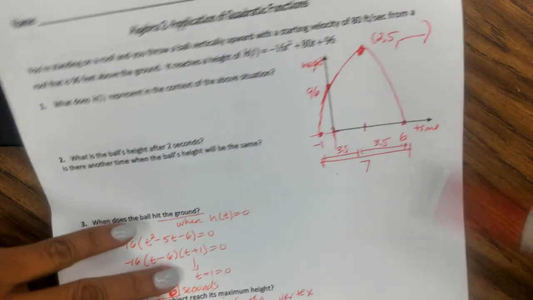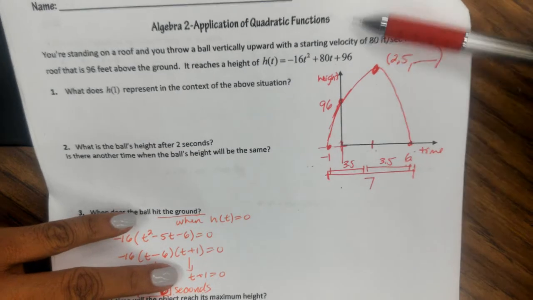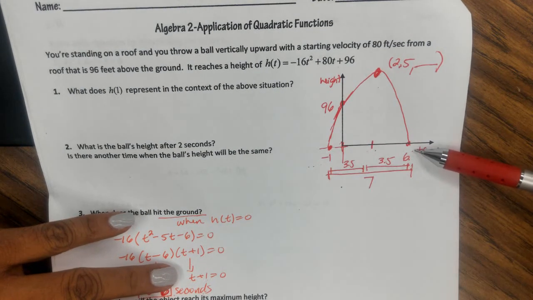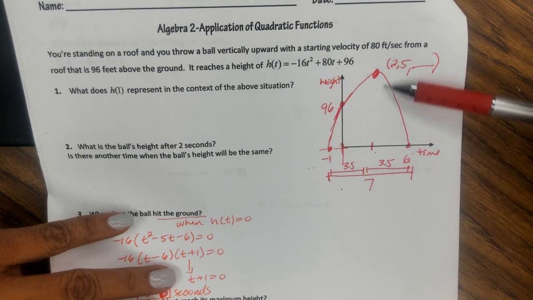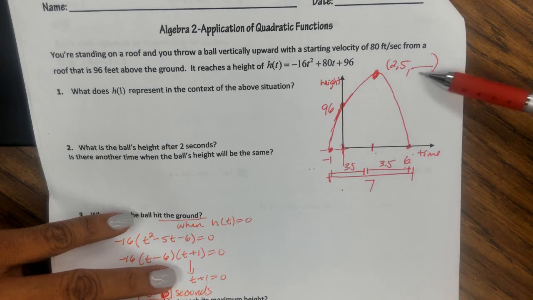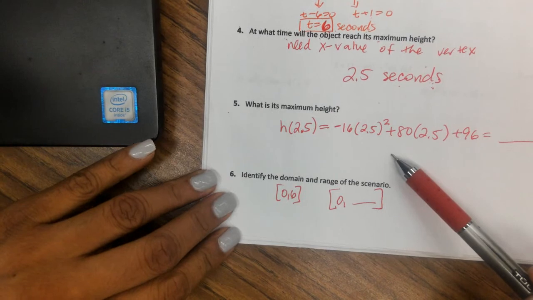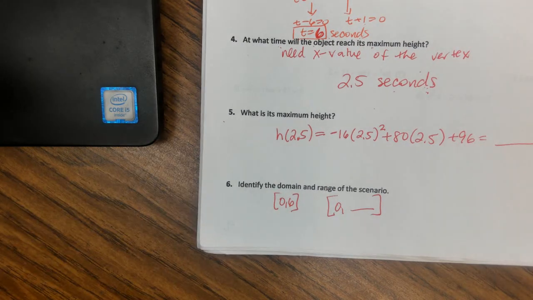So one more time, range is up and down. The smallest y value is 0 because height cannot be negative. The largest y value is where the vertex occurs, and it's the answer for number 5. Okay, now stop the video and go back and do page 10 on your own.